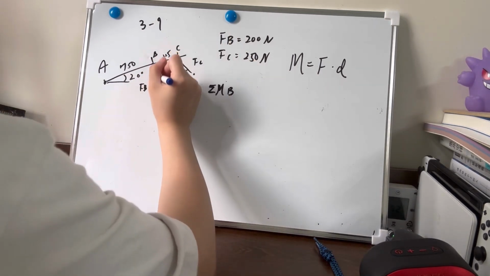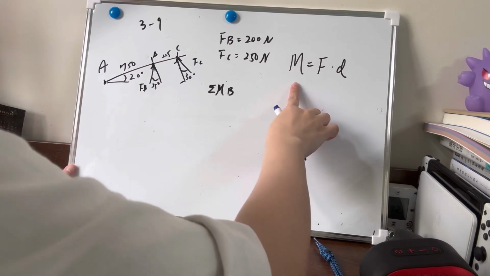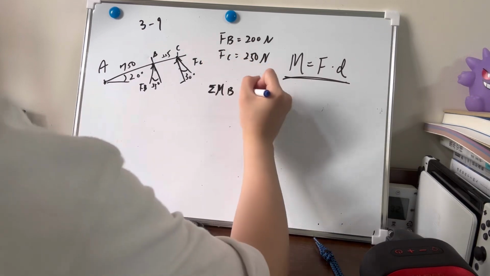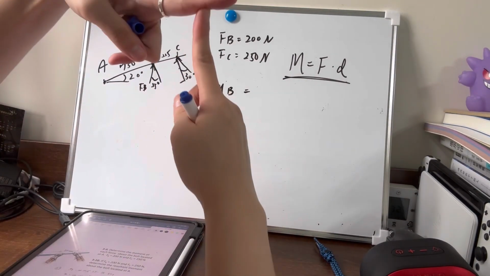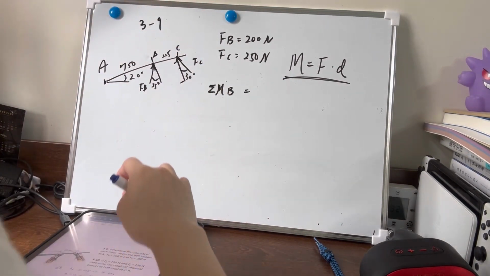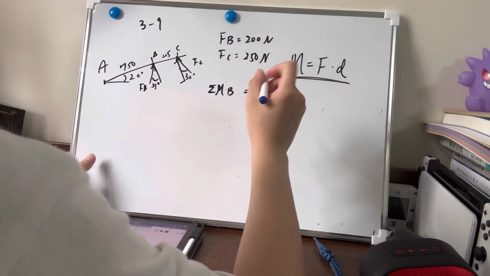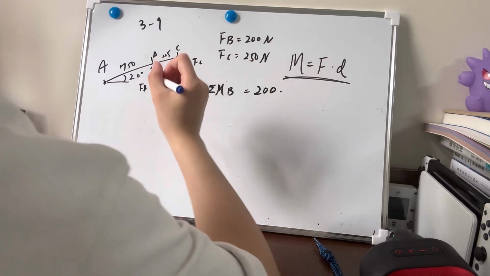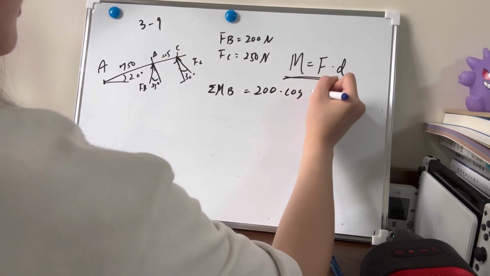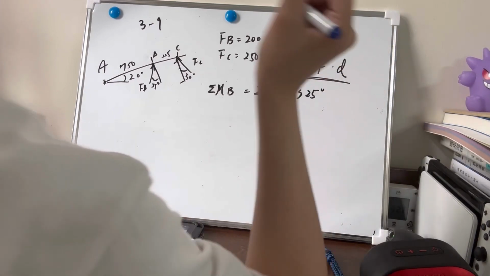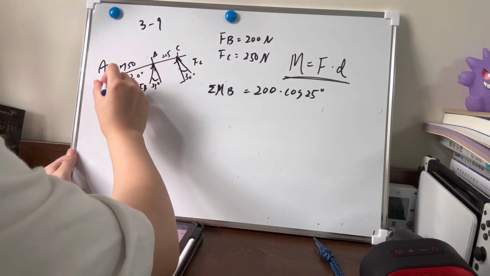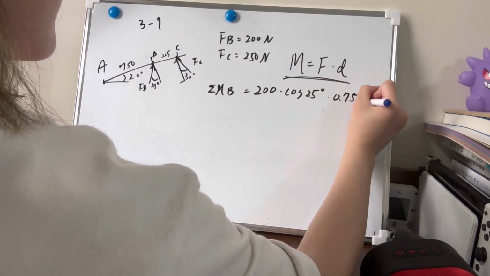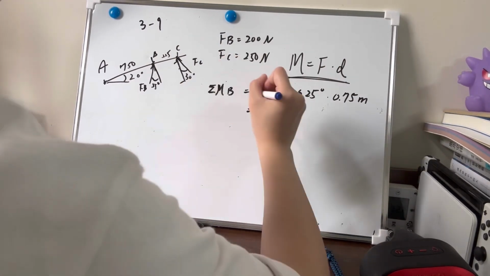If we have to calculate the moment, we have to use this function, but the force is not like this, so it has the angle, so we have to calculate like 200, FB is 200 times cosine 25, and the distance is 0.75 m.